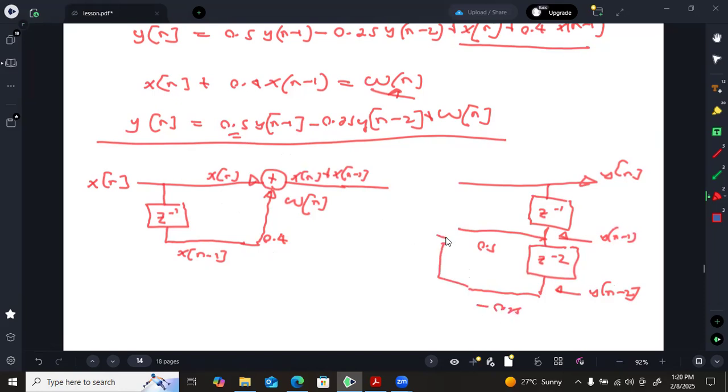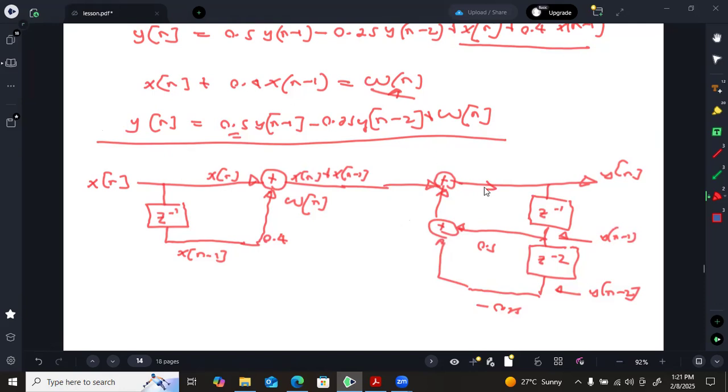So we add it to this, bring it there, then bring this, add them, so that we get y of n. The arrows in the branches indicate the direction of the signal flow. So this is the implementation.